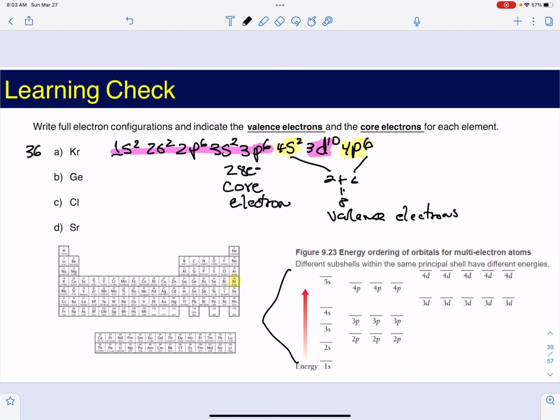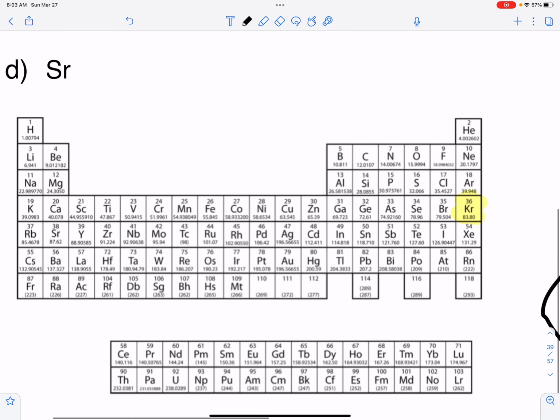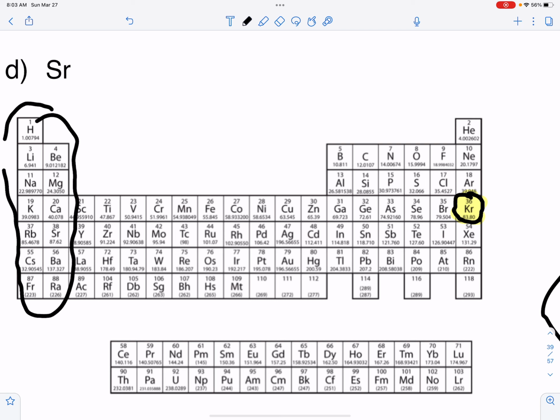Now let me show you something. So we are looking for krypton. So that's the one we're doing. But based on that, we know that this is our S block.